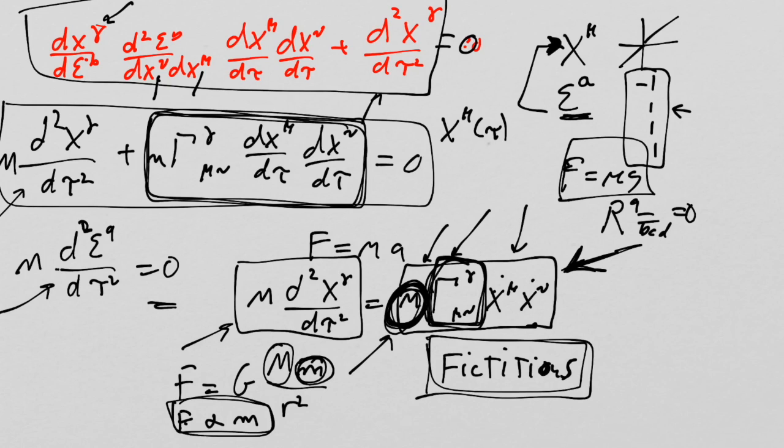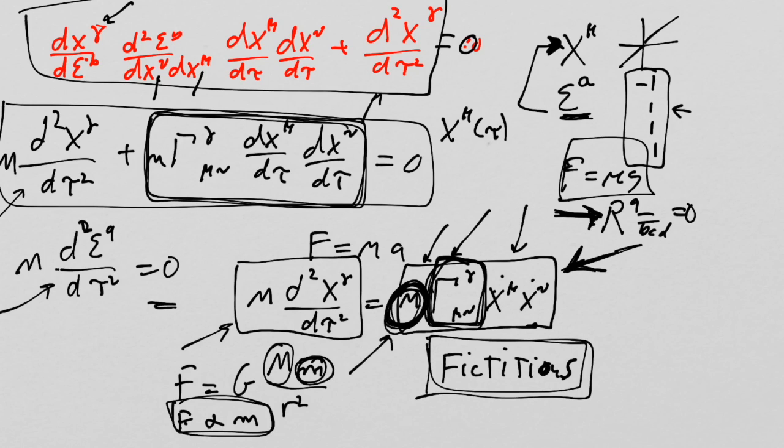If all the components are 0 in any coordinate system, they will be 0 in every coordinate system, because that's what tensors do, right?